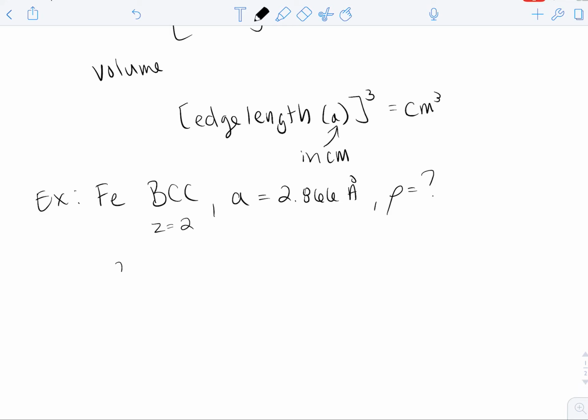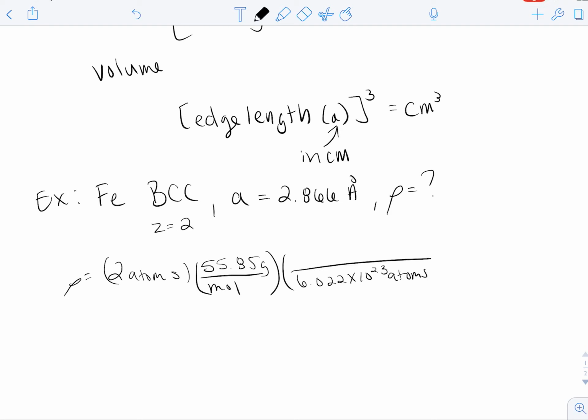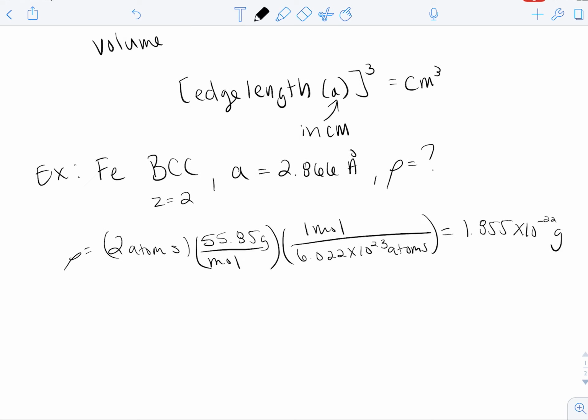So for our mass, we take 2 atoms, multiply it by our molar mass, which is 55.85 grams per mole. Take the reciprocal of Avogadro's number, and we get our mass as 1.855 times 10 to the negative 22 grams.